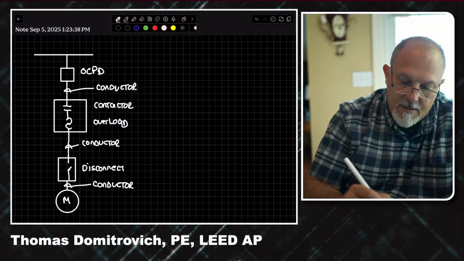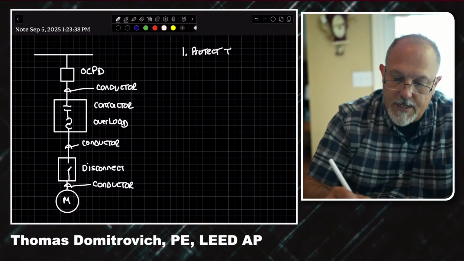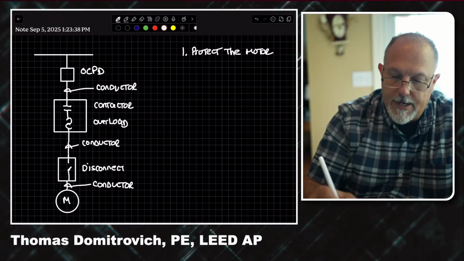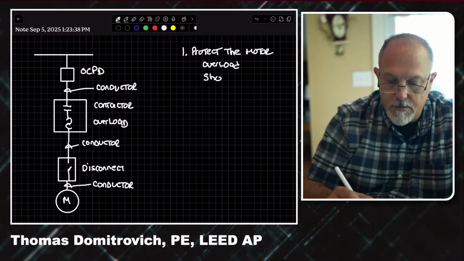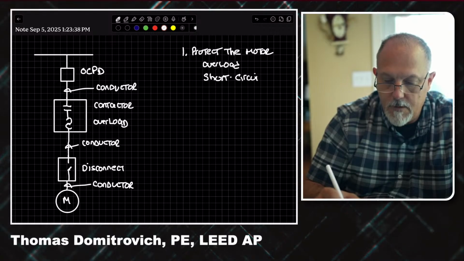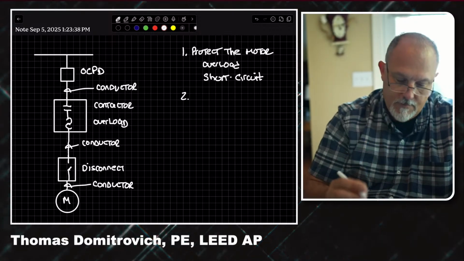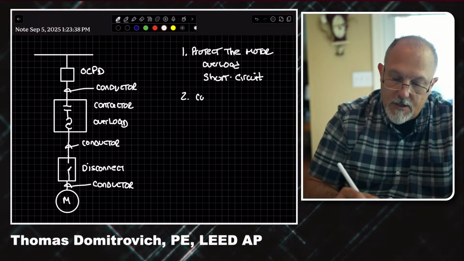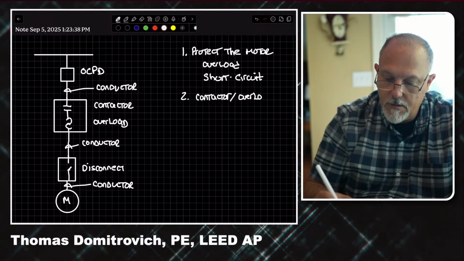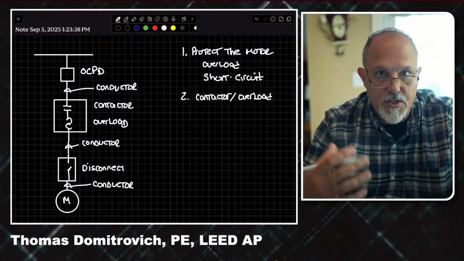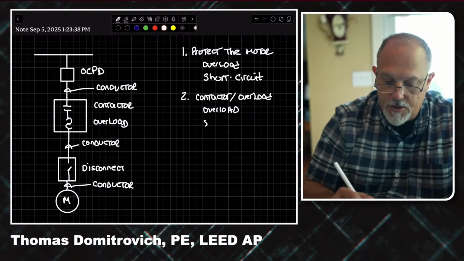Now, what do I know? I know that I got to provide protection. I got to protect the motor from overload and short circuit. I also have to protect the contactor and overload equipment, that's going to be your starter, I guess you would call it, from overload and short circuit.